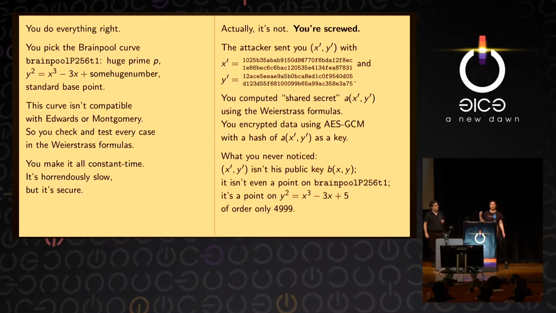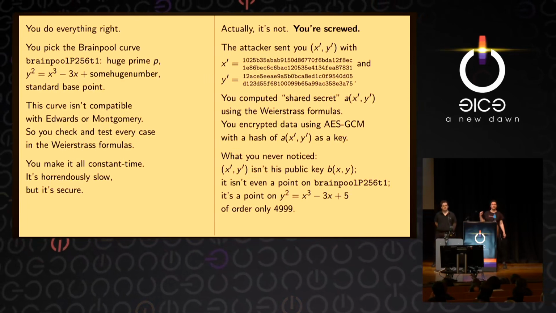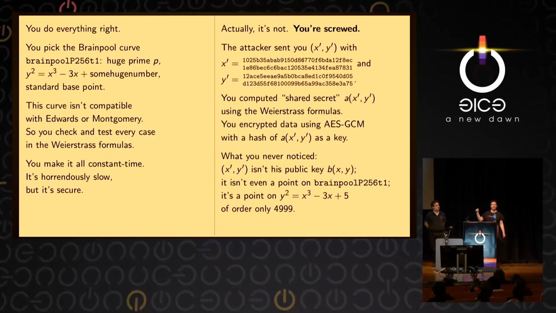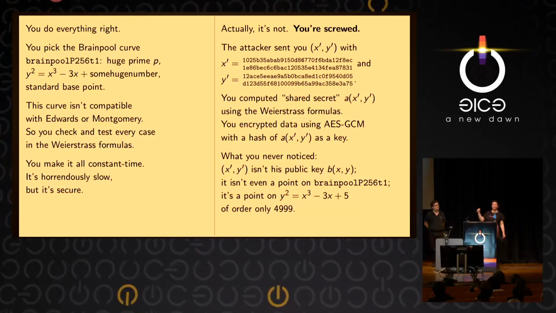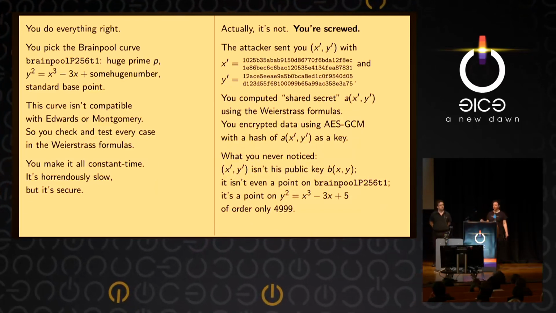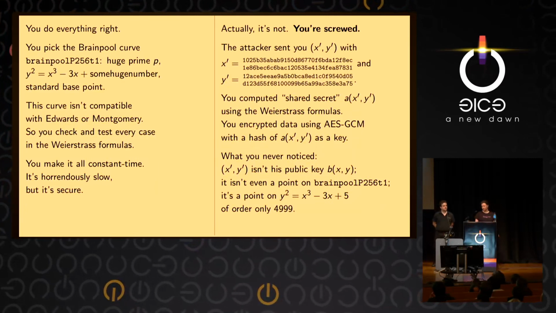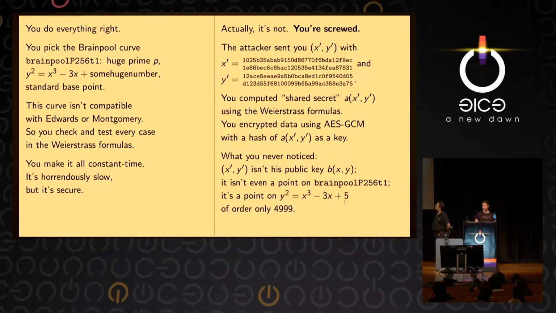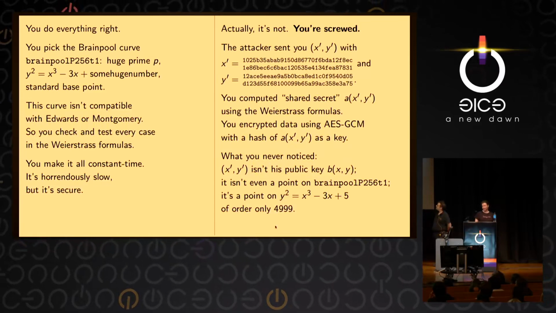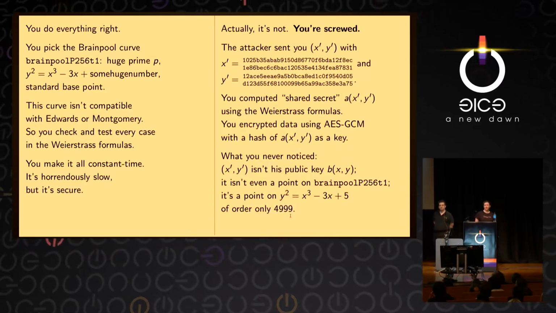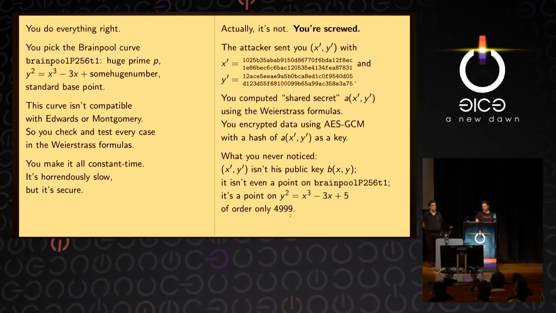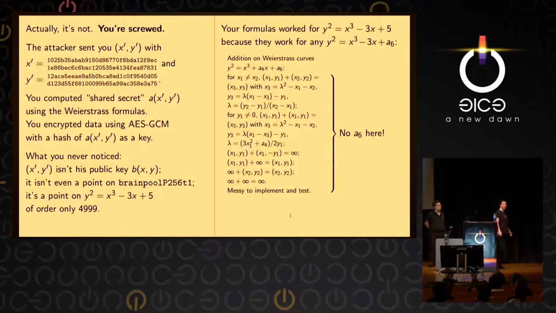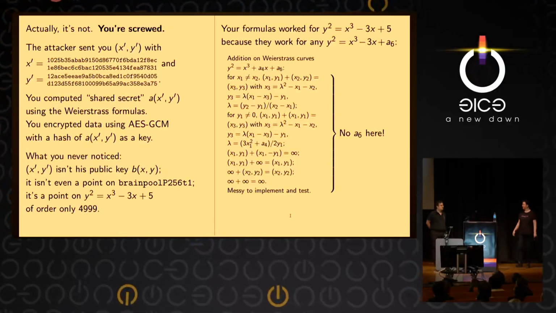Now what he doesn't know is that no matter what his A is, there are not actually that many different points. I didn't give him a point on the Brainpool curve. I gave him a point on a much nicer curve. Look, it only has a 5 here. The Brainpool curve has something much, much bigger here. This is a friendly curve. Also, this point only has 4,999 different multiples, which means he's not actually computing what he thinks he's computing. Oops.